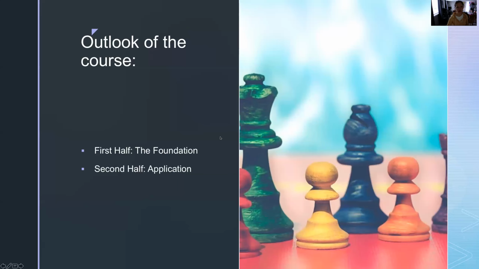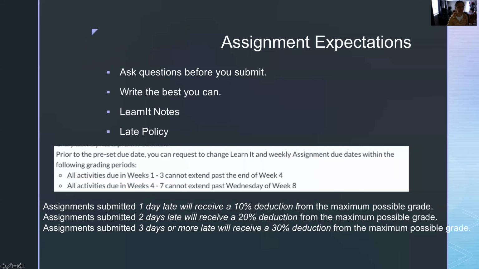So moving on, next up, let's take a look at the assignment expectations. First, I'd like to implore you to please ask questions before you submit them. Sometimes we're working late and we're right up to that midnight deadline, and we come across something that's like, I don't know the answer to that. I don't really know what the assignment wants from me.